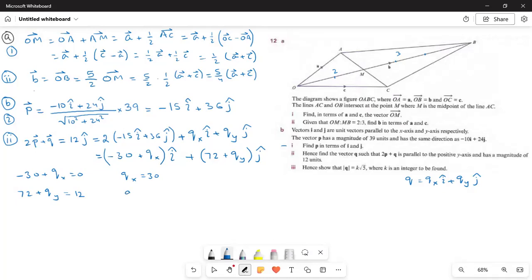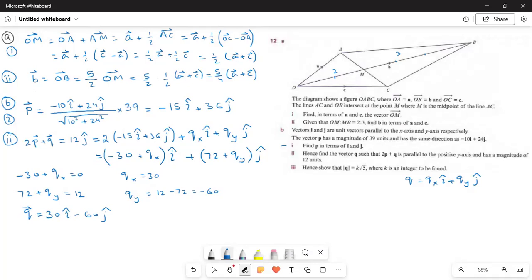This gives us qy equal to 12 minus 72, which is minus 60. So the q vector which we need to find out is going to be 30 times i minus 60 times j. Okay, easy.